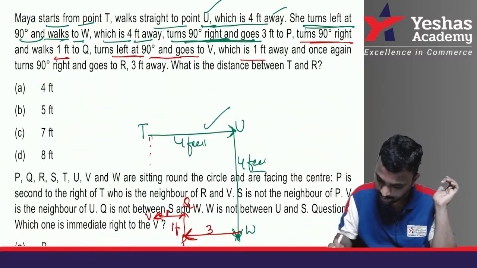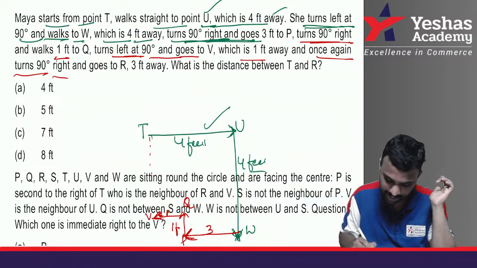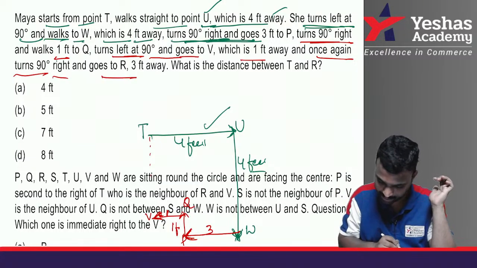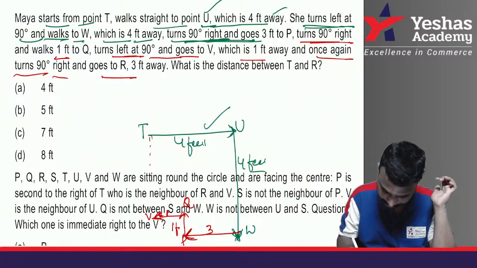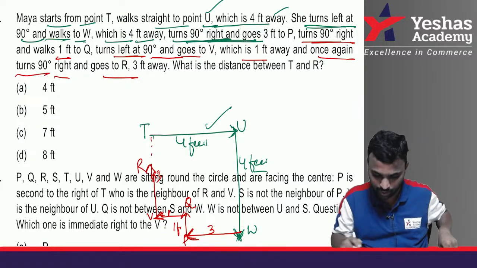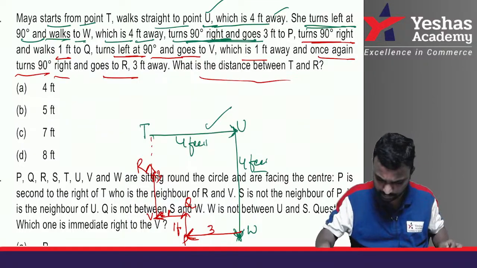Now once again turns 90 degrees right. So from here, right is which side? Upwards, and walks how many feet? 3 feet to reach R. So 3 feet. This is R. If you look at the distance between T and R, it looks like only 1 foot, isn't it?